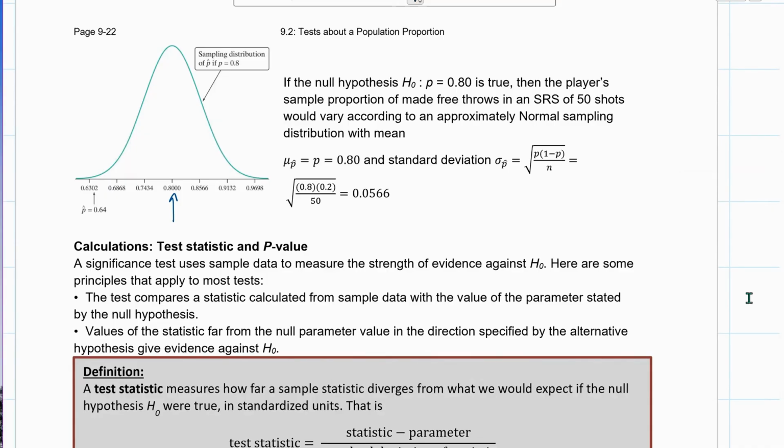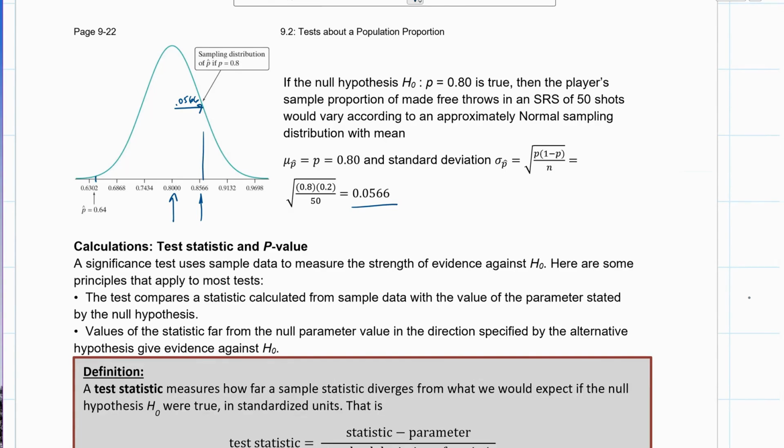We'd also know that the sampling distribution has a standard deviation of the square root of p times 1 minus p over n, of about 5.66%. And so if you imagine going up one standard deviation, you can see where that one standard deviation mark is. And here we are way down at 64%.